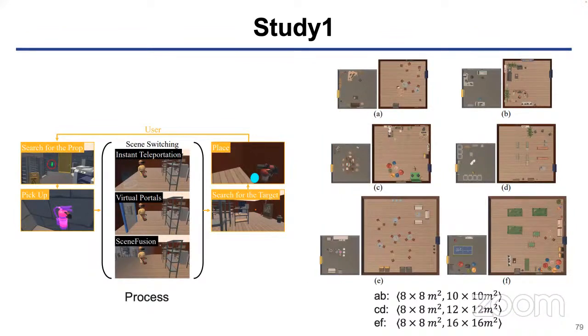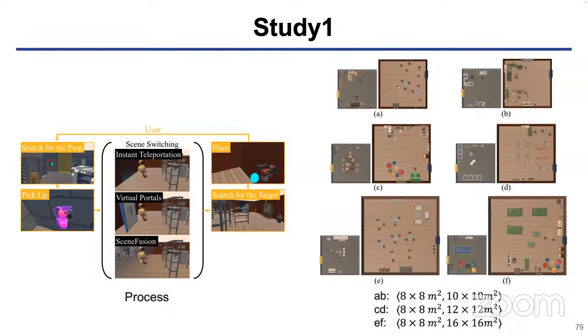We have conducted user studies to evaluate our scene fusion technique with a prop searching and placing task. The user has to search for the prop in one room and pick it up, use one of the three techniques to travel between the virtual environments, and then place the virtual prop at the targeted position.